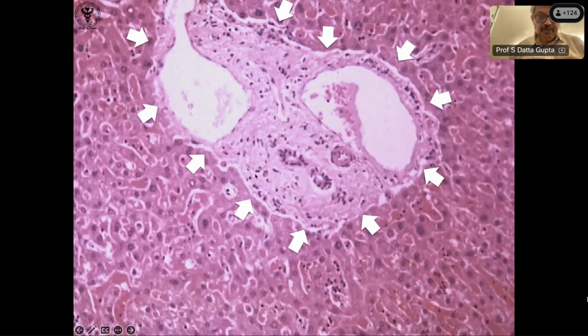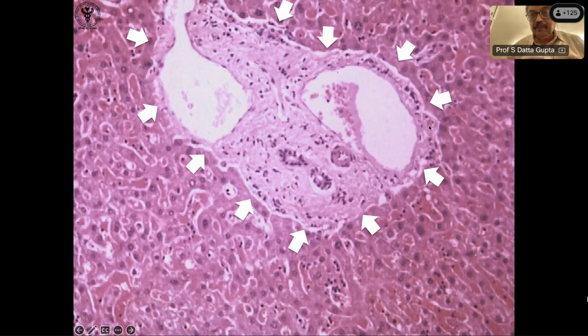Suppose there's more inflammation here and the inflammatory cells spill over and destroy what is called the limiting plate, a single layer of hepatocytes that rims the portal tract. That forms a boundary between the mesenchyme and the parenchyme in the liver.